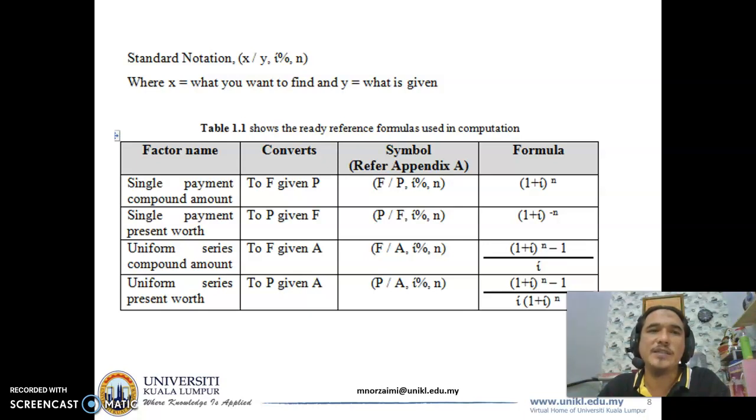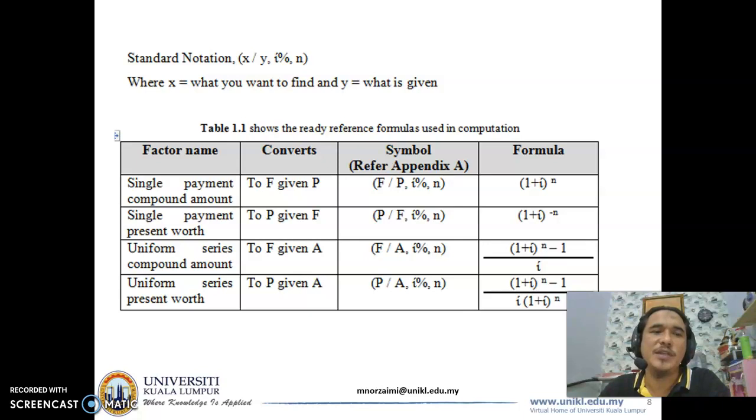X is what we want to find, and Y is given. For example, we want to find F, the future, and the present is given. We want to find the present, and the annual worth is given. Based on this table, we will use an interest table in this chapter.